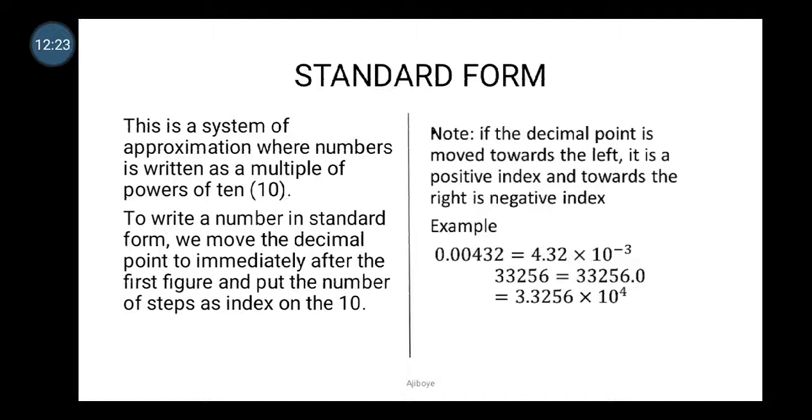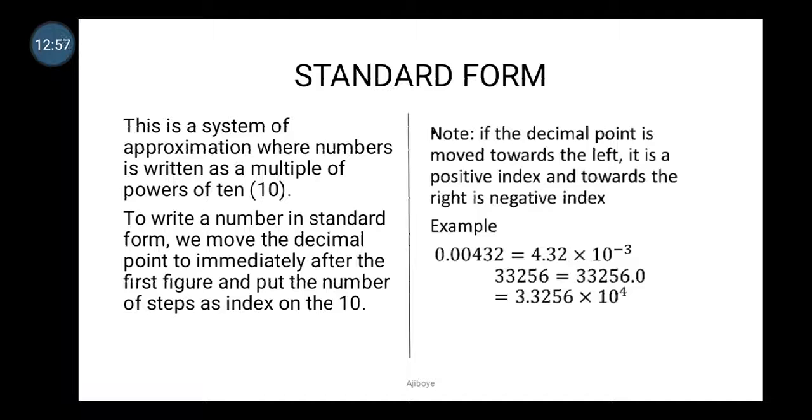Also, 33256 to standard form. Please note that every whole number can be expressed as a decimal number by adding a decimal point right after the last digit. So in this case, 33256 is equal to 33256.0, and when you want to express it in standard form, you move the decimal point to immediately after the first figure, which in this case is 3.